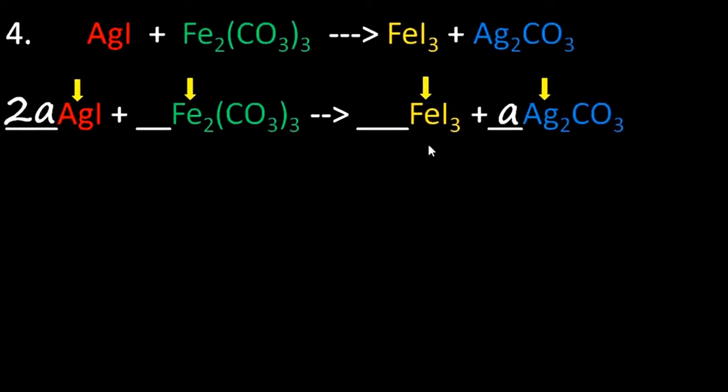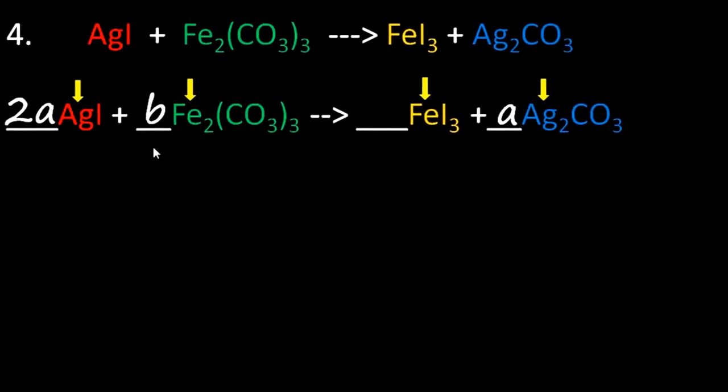Since there are more iron atoms here, and we have already used up letter A, we will put B here. So we have 2B iron atoms, and to balance that, we must put 2B here. And iron is balanced and all the blanks are filled up.